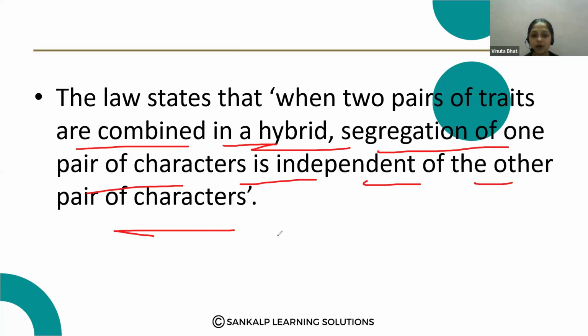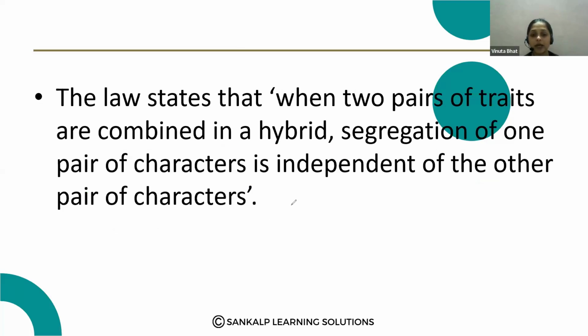When he crossed between two characters, just take it as a tall, red flower forming plant and a dwarf, white flower plant, that is the recessive plant.